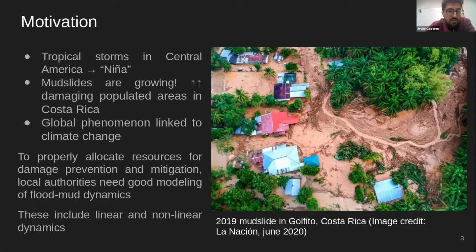So the fact is that these kind of events are growing, and in particular in Costa Rica, it's damaging some very populated areas. And then authorities are worried about this fact and are putting efforts on trying to mitigate and prevent these kind of events.